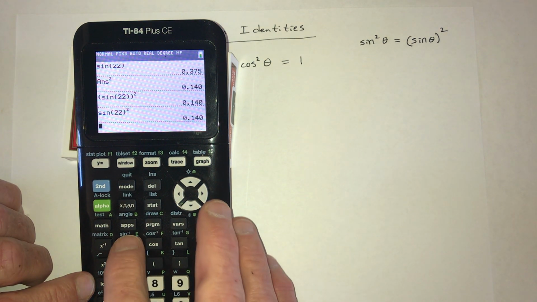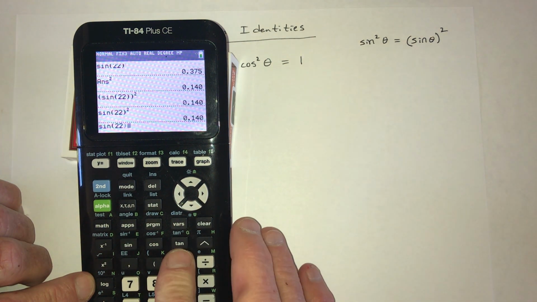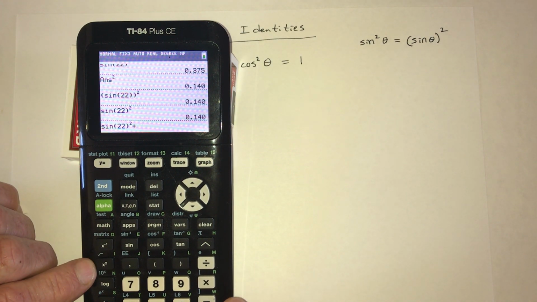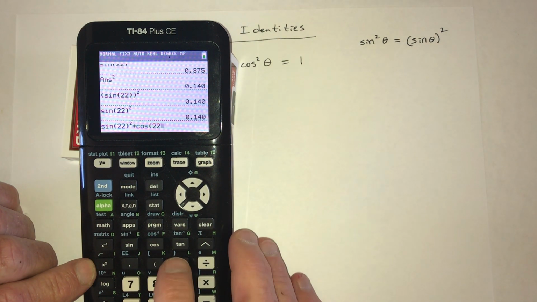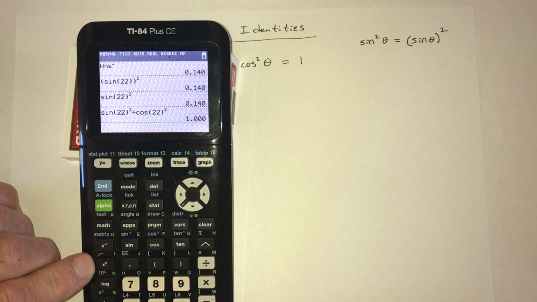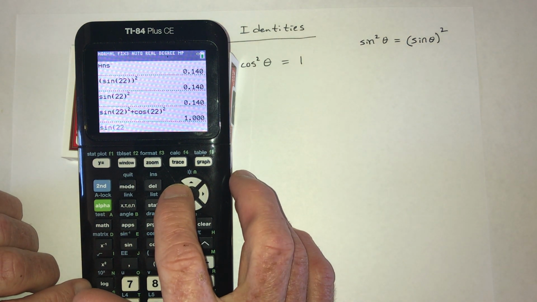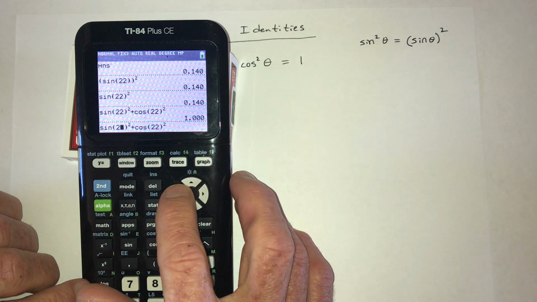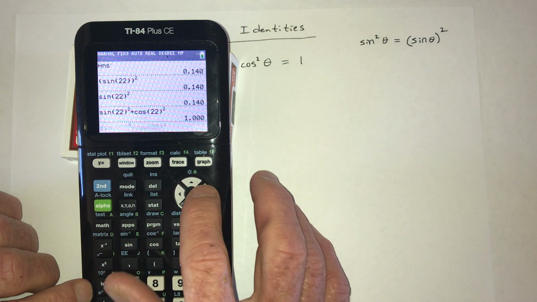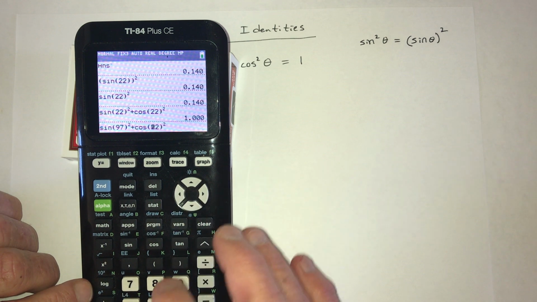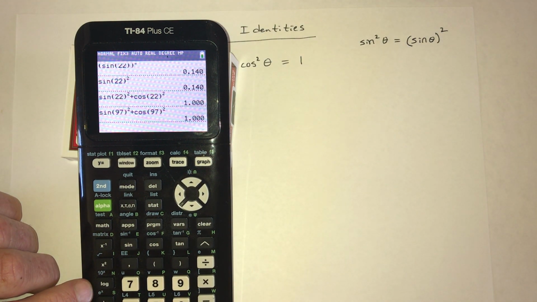So anyway, what this theorem is saying is if you take sine of 22, square it, plus cosine of 22, square it, you'll get a 1. And it doesn't matter if I use 22 or 97. As long as you use the same thing, it's always going to equal 1.